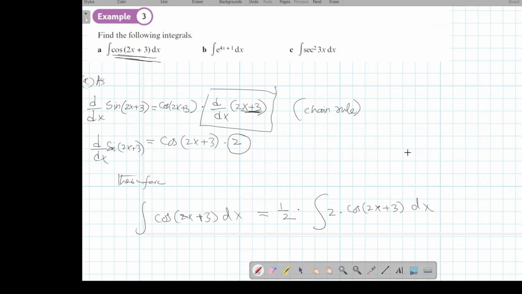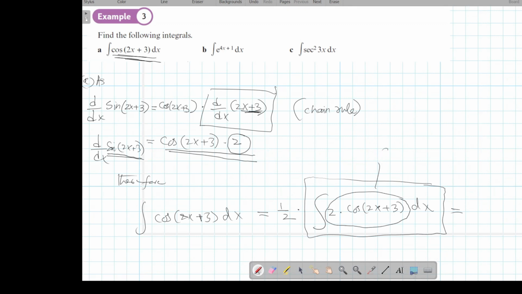Now, because the derivative of sine 2x plus 3 is this, therefore the antiderivative of this should be sine 2x plus 3. Whose derivative is this? Derivative of which function is this? We have just seen that it is the derivative of sine 2x plus 3.